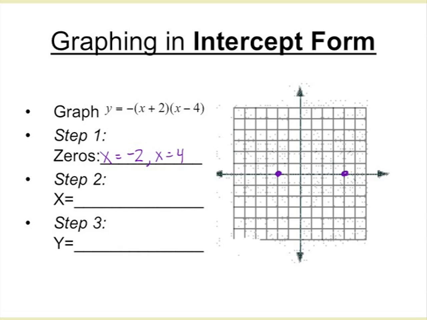Then our next step is to find out what is exactly in the middle of those. You could maybe eyeball it or just count across, or you can take an average. -2 plus 4 divided by 2 gives 1. It's a coincidence that we got 1 in both of these. It's not always 1, so don't just start always answering that it's 1.